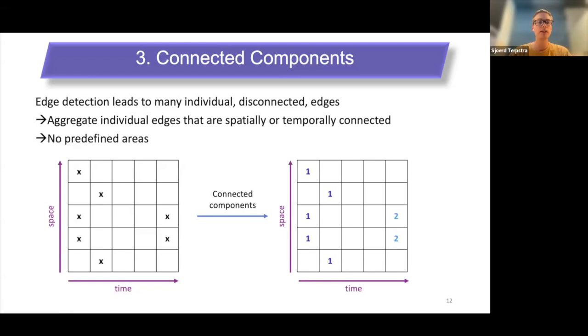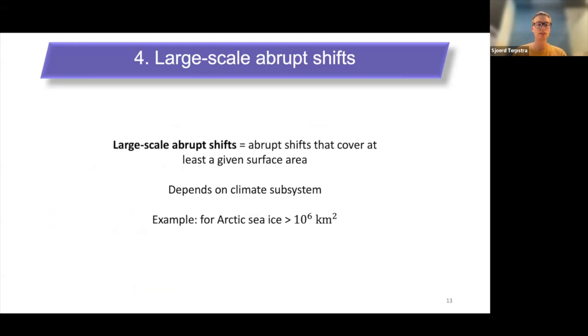These are not predefined areas in the analysis. We first find abrupt shifts on the level of grid cells, and then we create the regions out of them. And to make sure that these new regions are still abrupt, so that they don't cancel each other out, we do the abruptness measure again. So we check again whether this is significant.